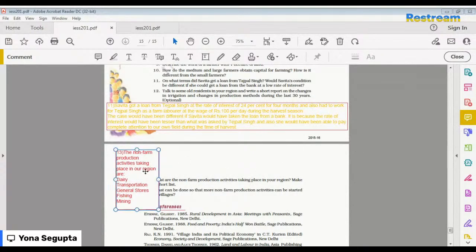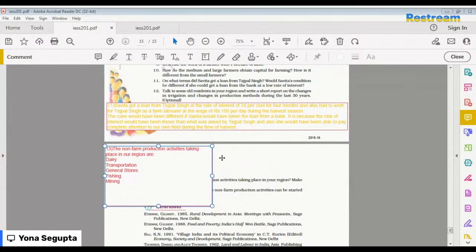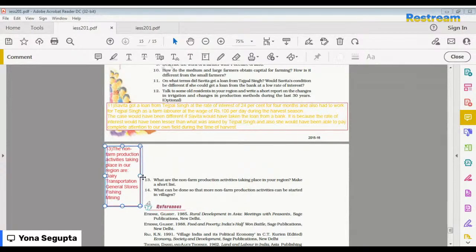Next, the non-farm production activities that take place in a region, what are those? Those are dairy, transportation, mining, fishing, general stores, and etc. So this is number 13.